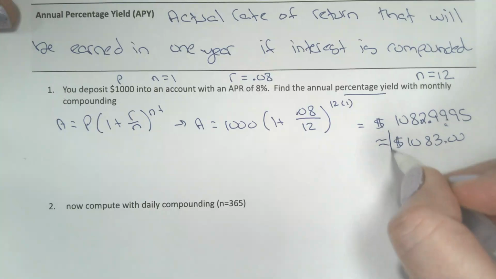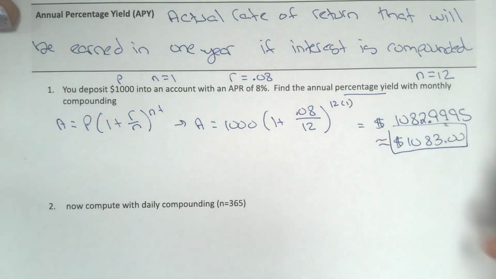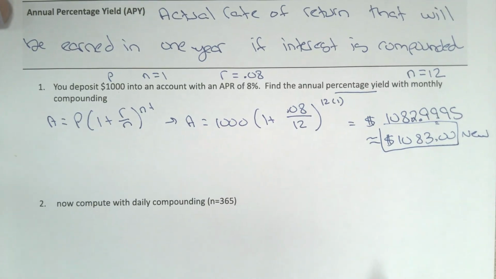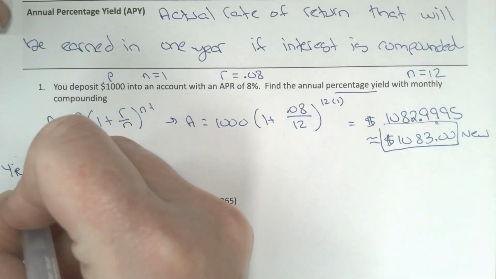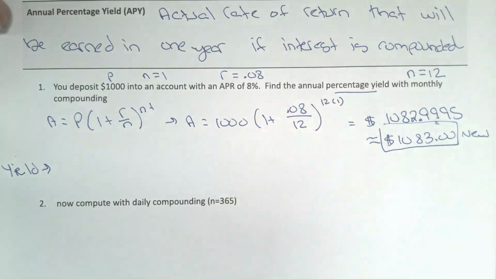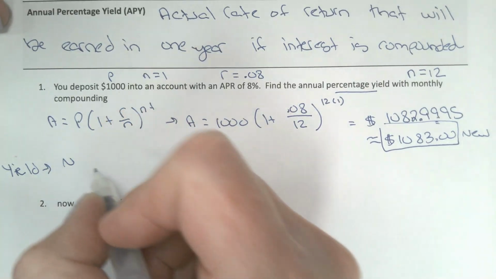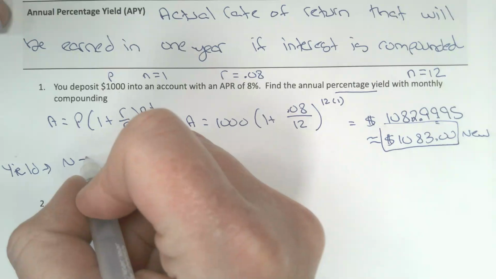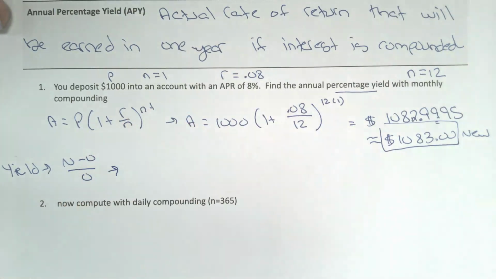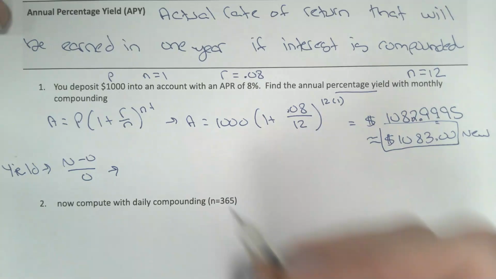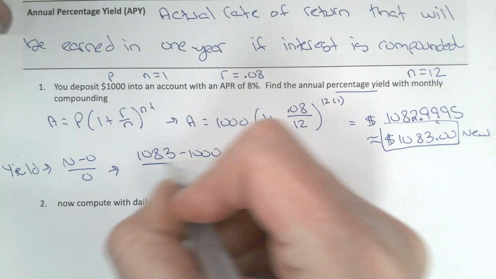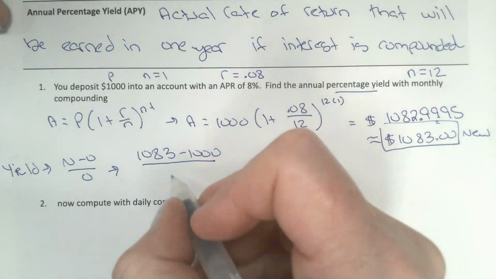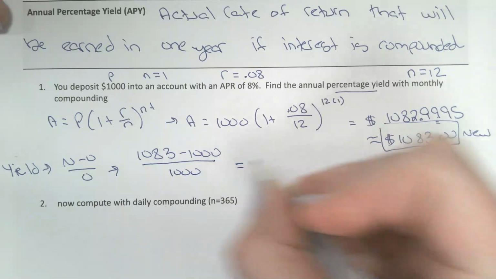All right, so this right here is going to be my new amount. So now when I want to find the yield, Y-I-E-L-D, you're using the relative change, new minus old divided by old. So my new is 1,083. My old is my $1,000 initial investment, divided by $1,000.